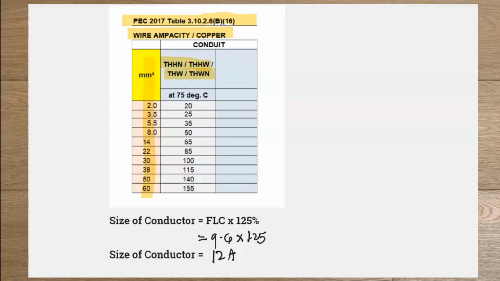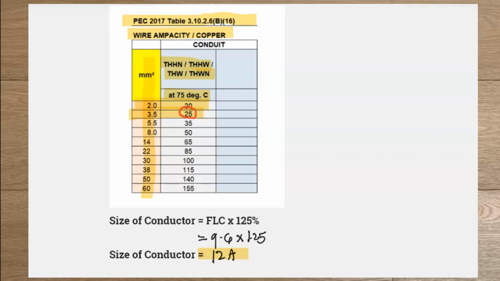So at 75 degrees Celsius, so yung ating doon sa computation kanina, meron tayong 12 amperes. So if you look on the table, so itong 2.0, ang kaya niyang ampacity is 20 amperes. And then itong 3.5, ang kaya niyang ampacity is 25.